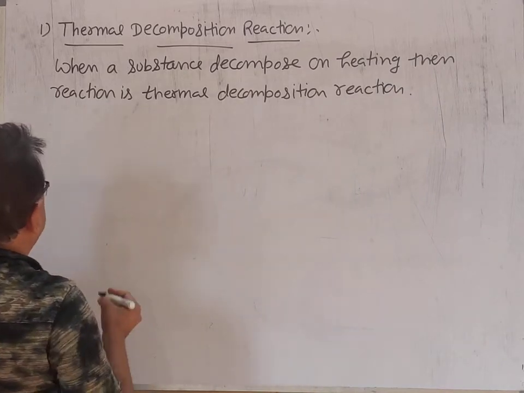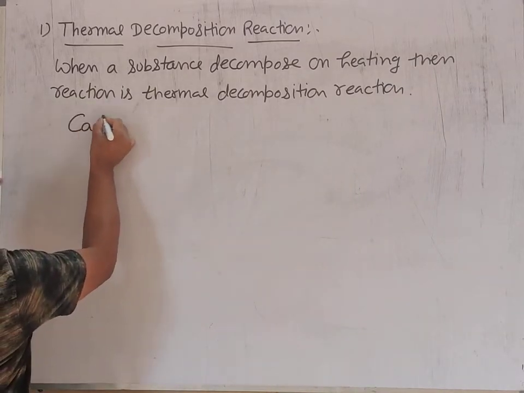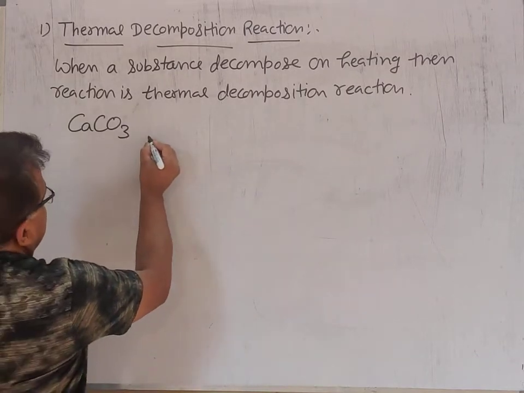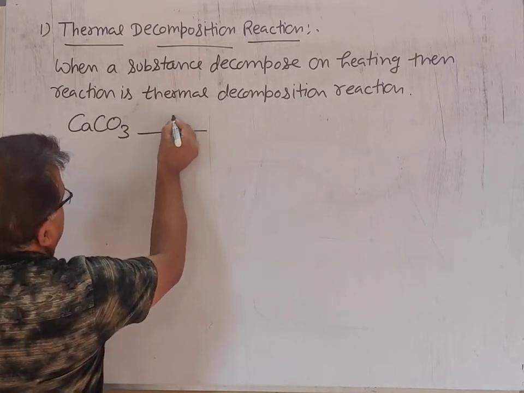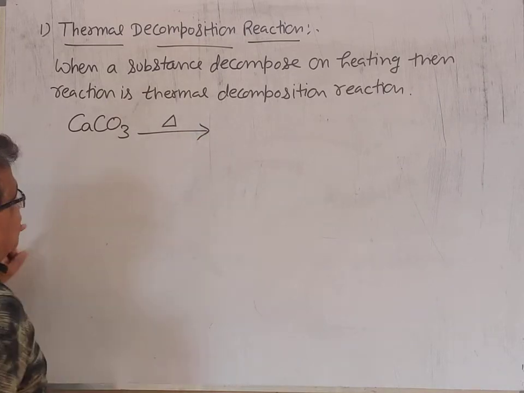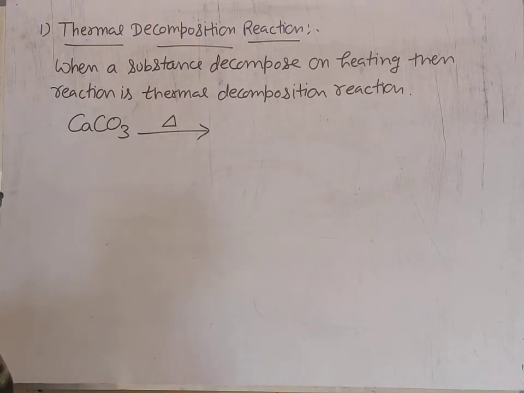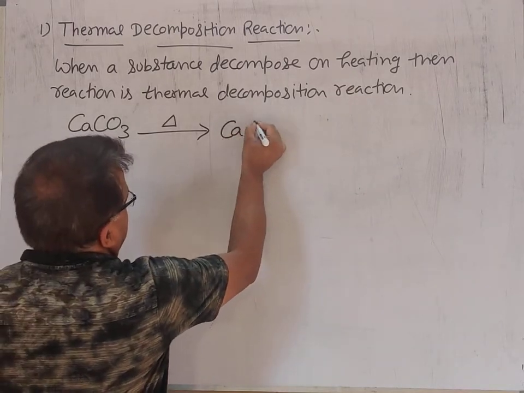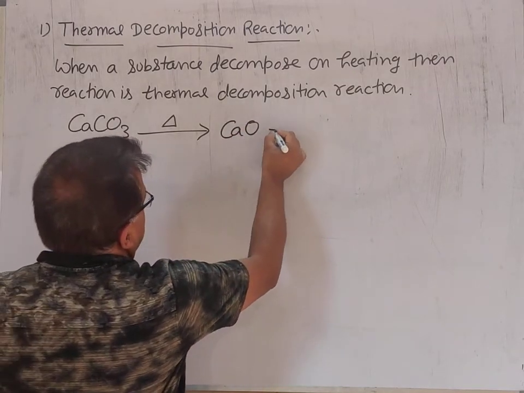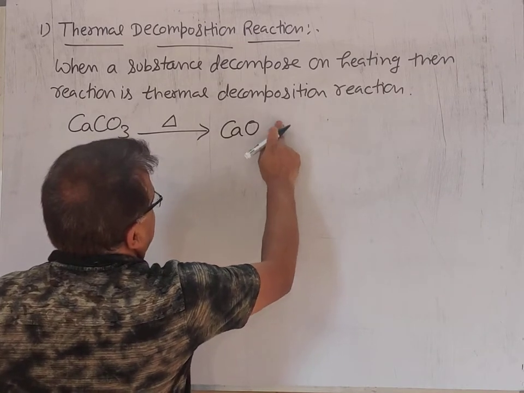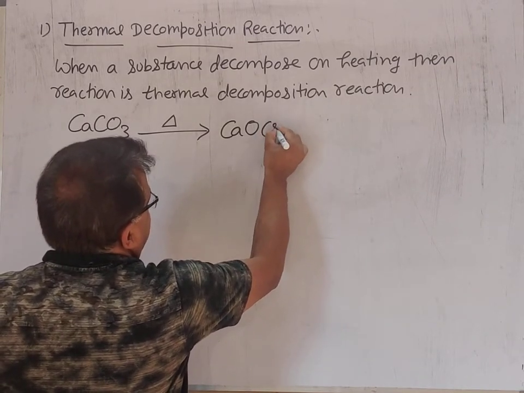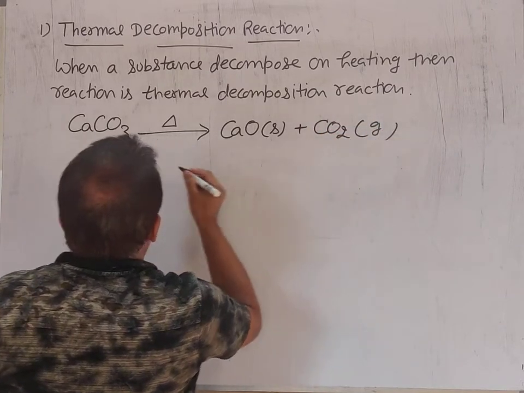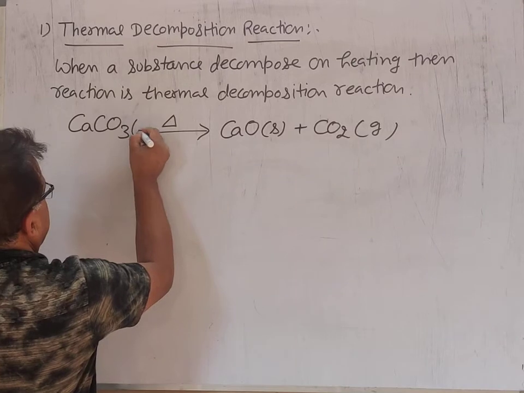For example, when calcium carbonate, CaCO3, is heated, the symbol of heat is either writing heat or making this triangle. When calcium carbonate is heated, we obtain calcium oxide and carbon dioxide. If you want to write the physical states, it is solid, gas and solid.